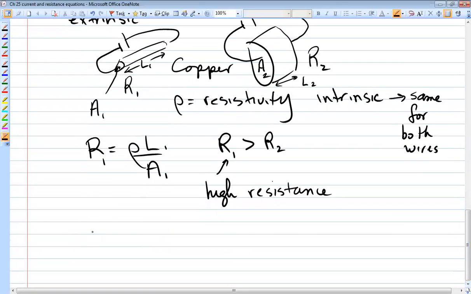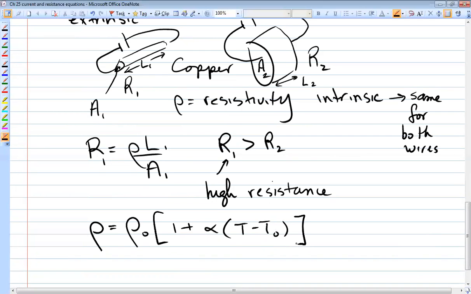Now, resistivity depends on temperature. And so the next equation that you have, rho equals rho naught times 1 plus alpha times T minus T naught. This T is temperature. Now, this equation implies that resistivity goes up with temperature.